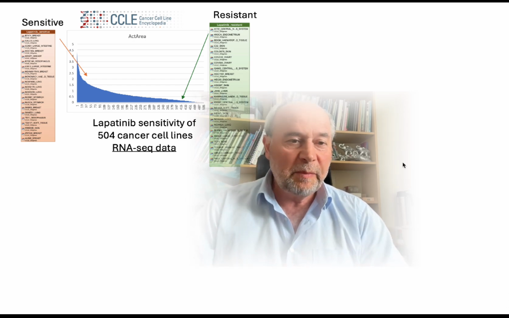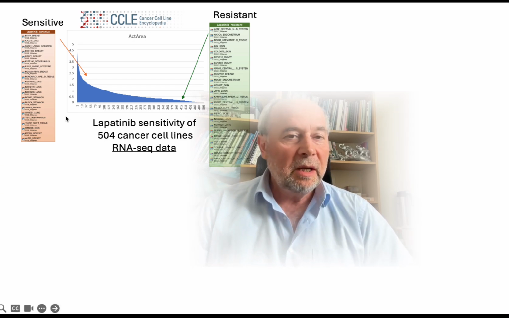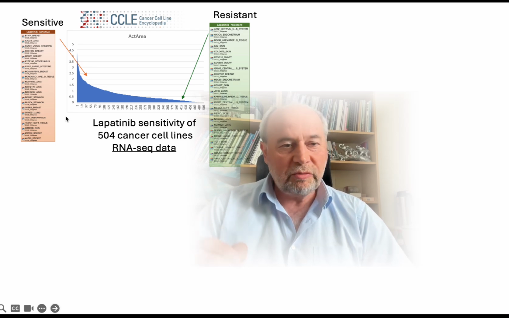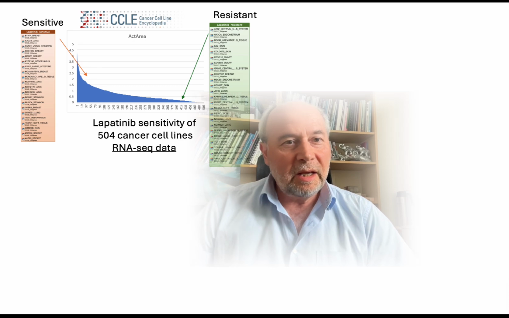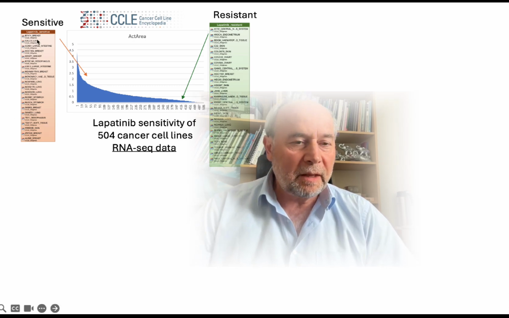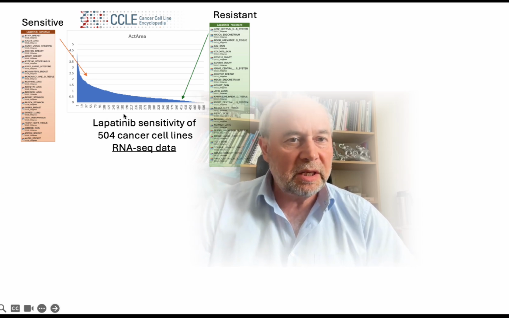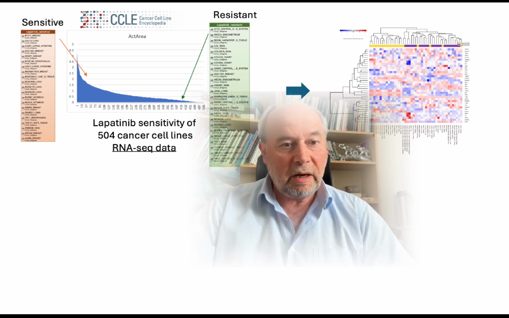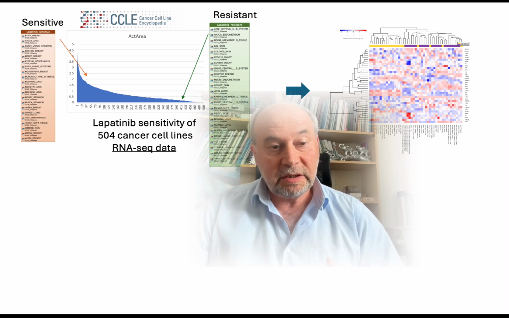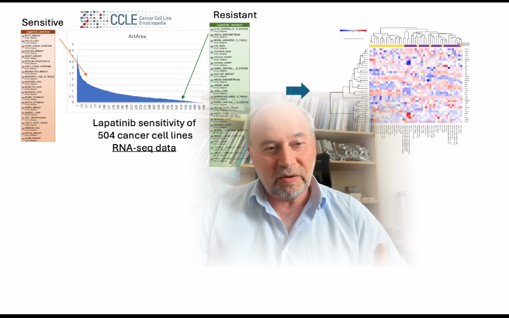In this experiment, we chose one drug, lapatinib, which is targeting the EGF receptor. We chose a list of cell lines which are sensitive to lapatinib, and a list of resistant cell lines, and we took RNA-seq data and compared the sensitive cell lines versus resistant.